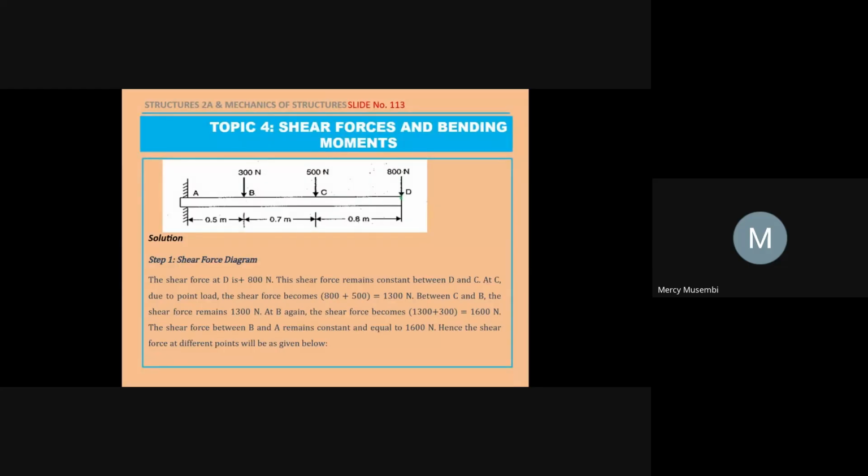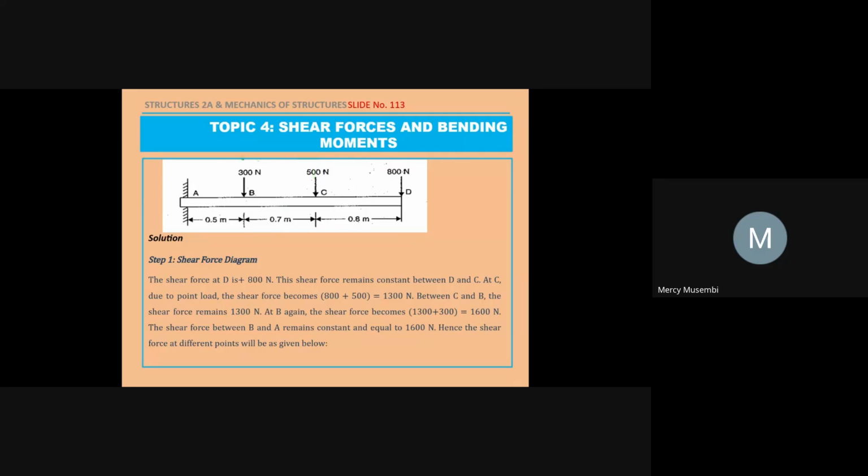That 800 will remain constant until this point where it will meet this 500, and it will go upwards by 500 again. So it will be 800 plus 500, 1300. The 1300 will continue being constant until this point where it reaches 300.